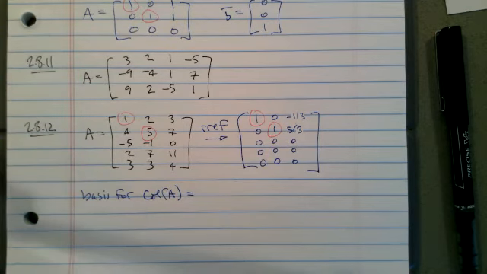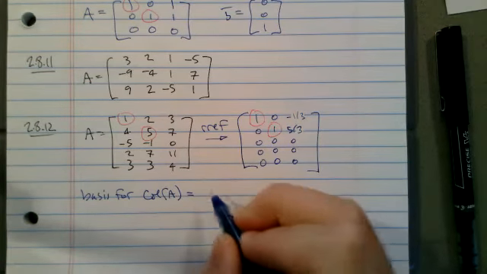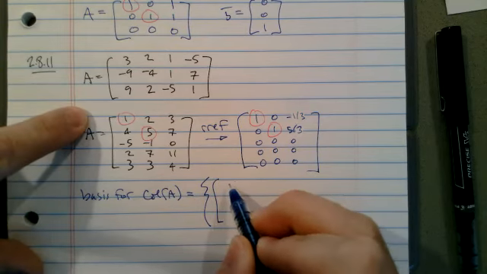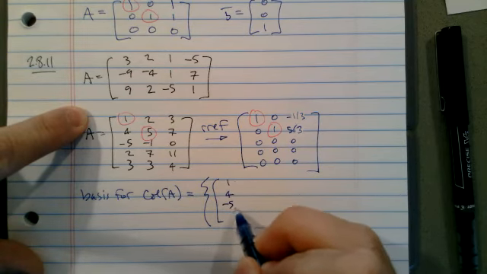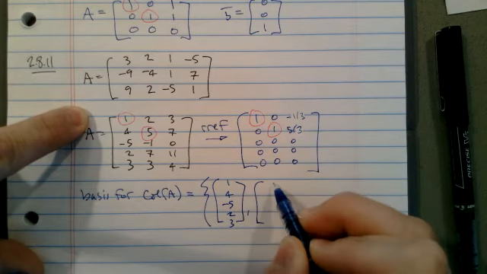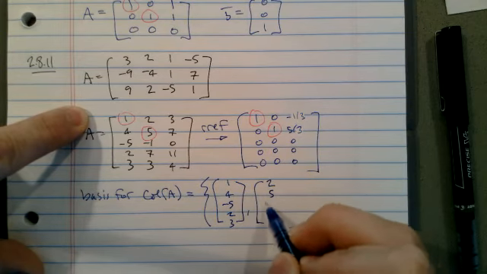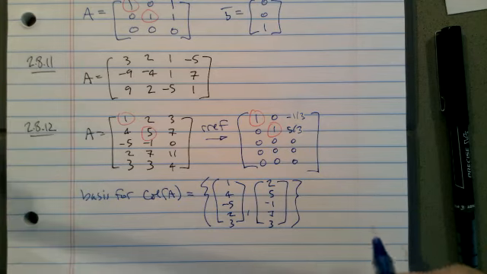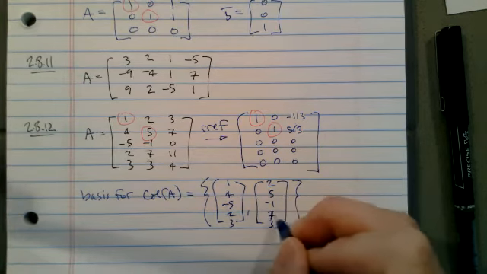I'm writing a basis for the column space of A. So I'm going to write a set of vectors. The first vector in the basis is going to be 1, 4, -5, 2, 3. And the second vector in the basis is going to be 2, 5, -1, 7, 3. There's a basis for the column space of A.